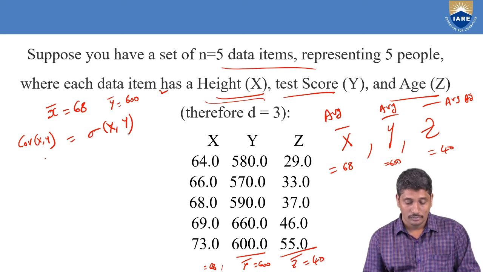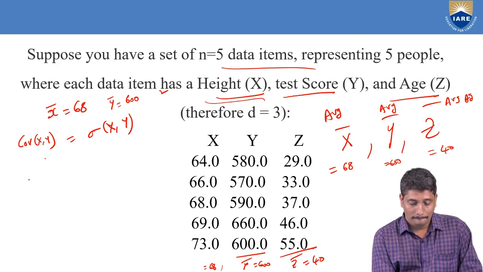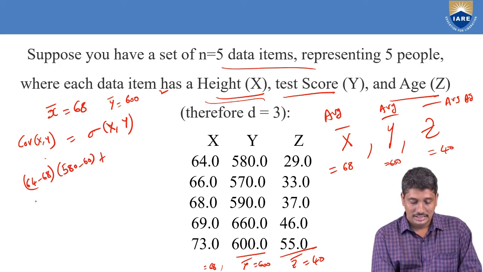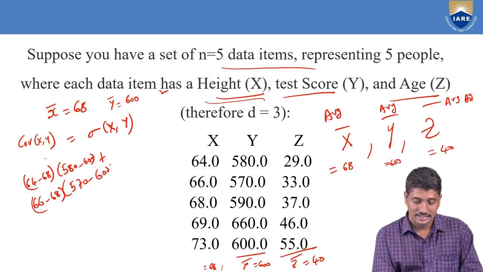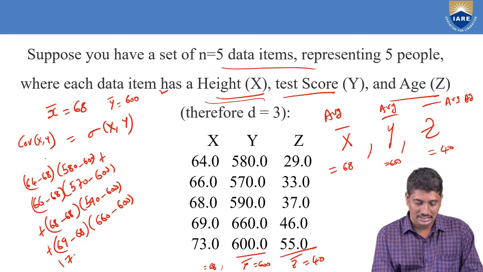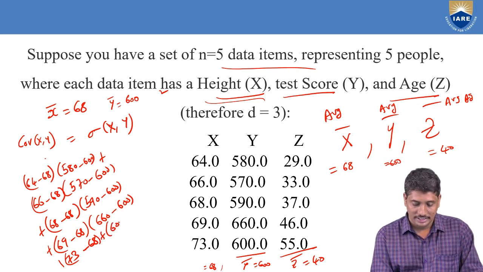With the help of the formula: 64 minus 68 into 580 minus 600, plus 66 minus 68 into 570 minus 600, plus 68 minus 68 into 590 minus 600, plus 69 minus 68 into 660 minus 600, plus 73 minus 68 into 600 minus 600.